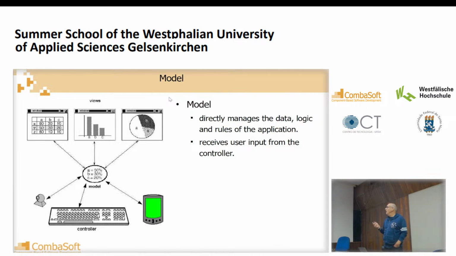So the model receives user input from the controller, and the controller modifies the model. So now Lula got 48 and Bolsonaro got 52. So what is happening? It's modified. Yeah? The model is the data and the main operations.